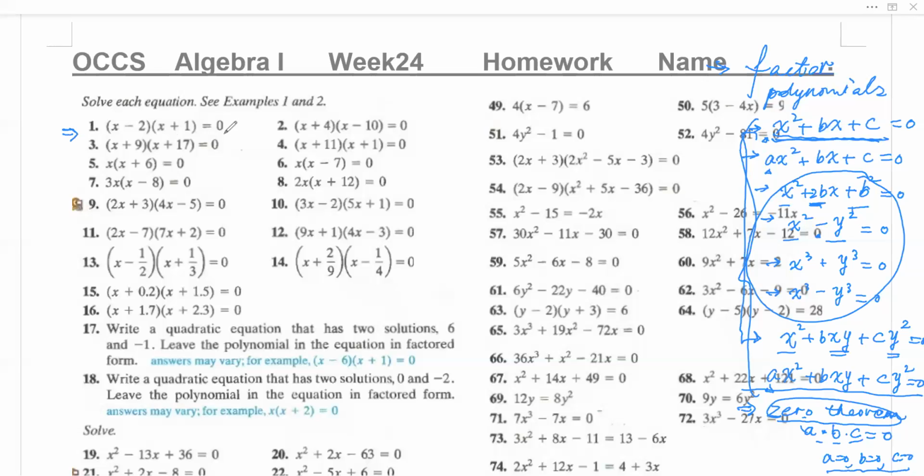So what's the answer of this one? X equals 2 or X equals -1. Please a little bit louder. Can you please get closer to the microphone, because sometimes it's a little bit challenging to hear you? Thank you. X equals 2 or X equals -1. Yep.